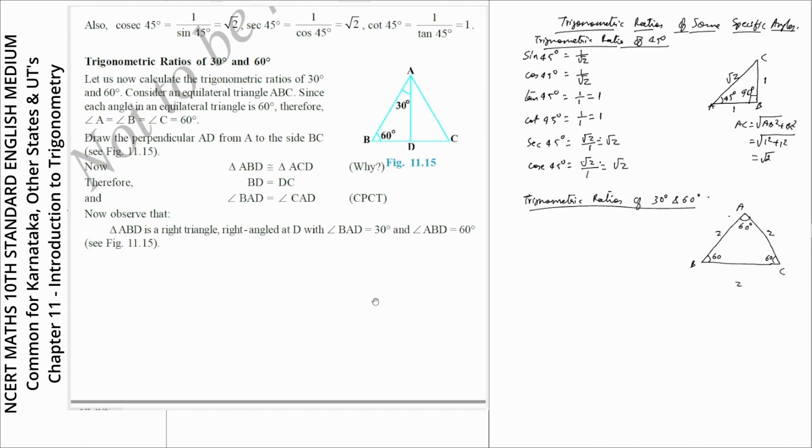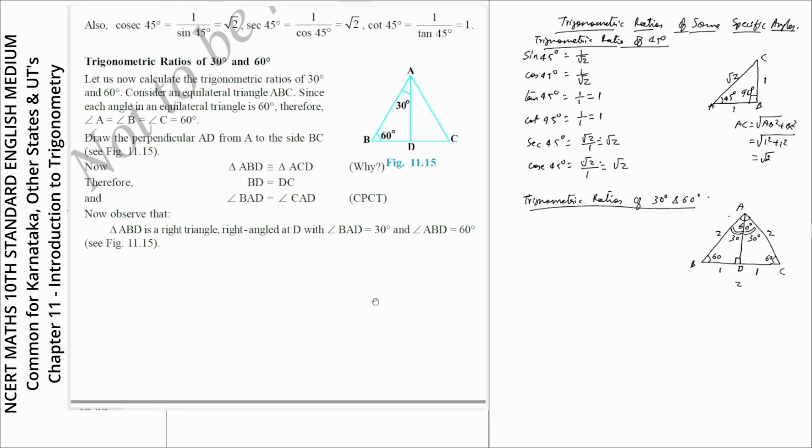And if I draw one altitude from A to BC, and I will call this point as D. So altitude always bisects the base. That means BC is 2 units, therefore BD will be 1 unit and DC will be equal to 1 unit. Okay, now angle A is divided into 2 parts. You can see this is 30 degree and this is equal to 30 degree.